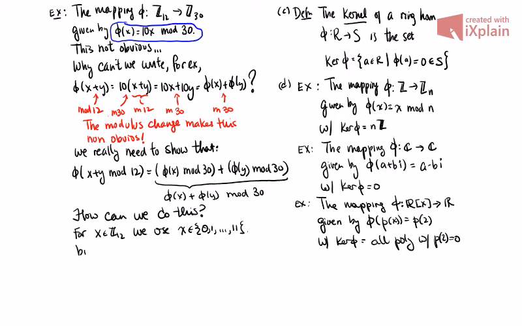But when we do x plus y, or let's say for x and y in Z12, x plus y is not necessarily, I mean it might be in that set, but it's not. So for example, if x plus y, if you have say 5 and 7, then when you add them you get 12, and that's not in that set, but it's congruent to something in that set, congruent to 0. So x plus y may not be in this set.